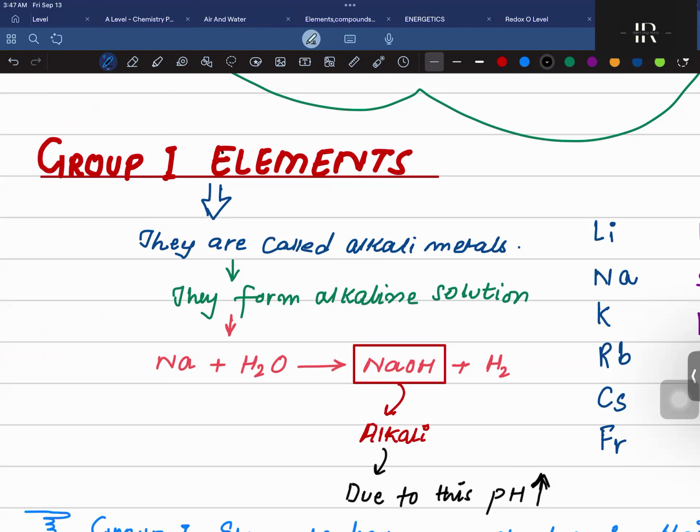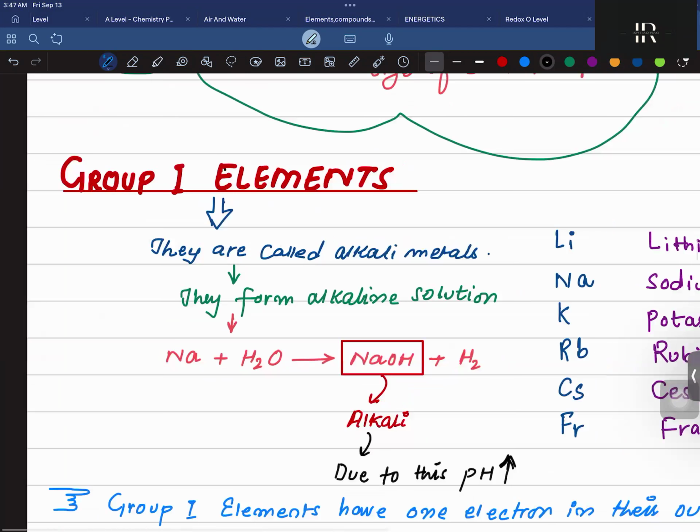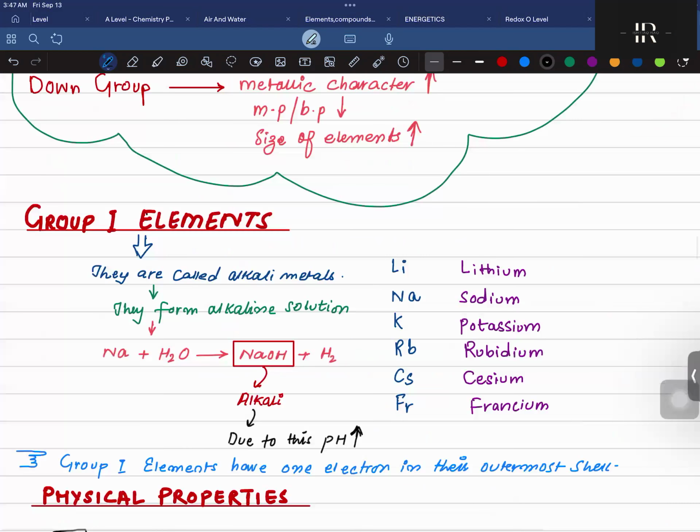They have a low density, and they do not form colored compounds. Their compounds would be white or colorless. As you know, you have other metals as well, like iron, copper, gold, nickel.